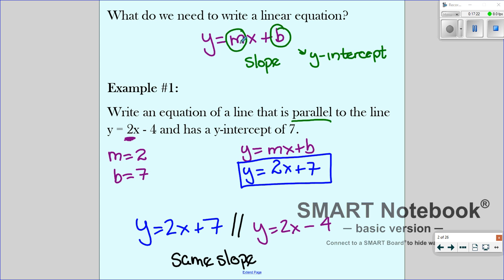That's why we only need the m and the b, the slope and the y-intercept. We also learned about creating lines that are parallel or perpendicular to an existing line. So if you have an existing line that has a slope of 2, then the other line that's parallel to it will have the same slope of 2. And then you find your b and then plug it in.